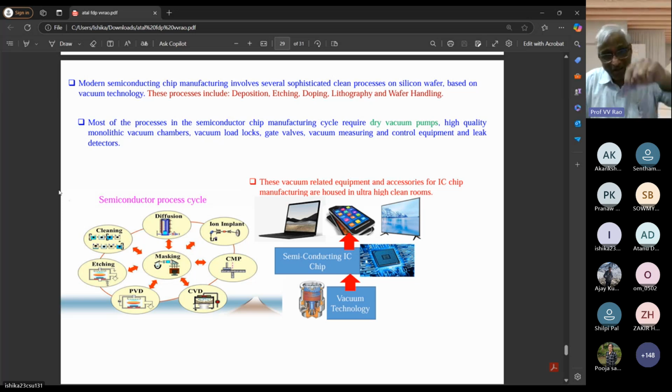That requires careful planning of pumps, chambers, valves, components, feed-throughs, manipulators, decision-making, electro-pneumatic controls, etc. When you do all that, the circuits are properly chosen, timings are made, then only from sand you can make a chip. Okay, and if it is very small integrated, then it's called an IC chip.